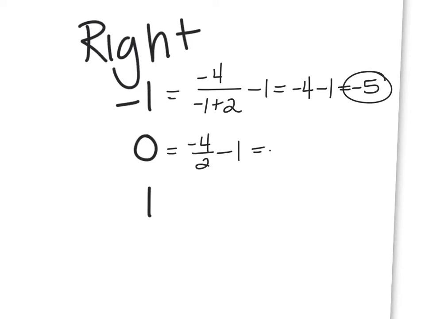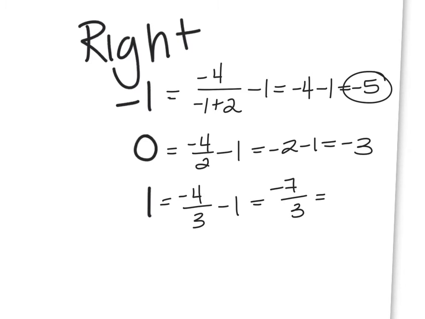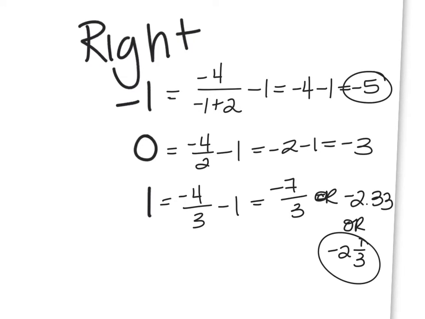So it's -2 minus 1, which equals -3. And lastly, I have -4 over 1 plus 2, which equals 3, minus 1, and that gives you -7/3, which is -2.33 or negative 2 1/3, all of which I can plot.